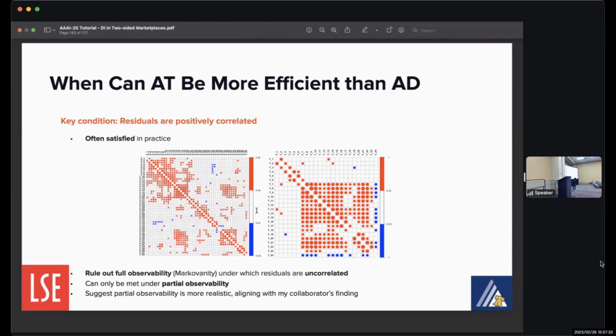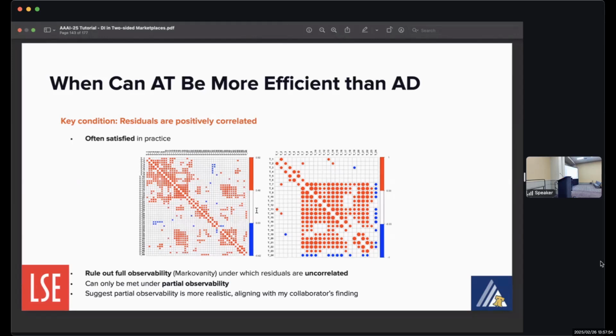Red color means the residuals are positively correlated, and blue color means the residuals are negatively correlated. If you look at these two figures, you can see that a large proportion of the residuals are positively correlated.